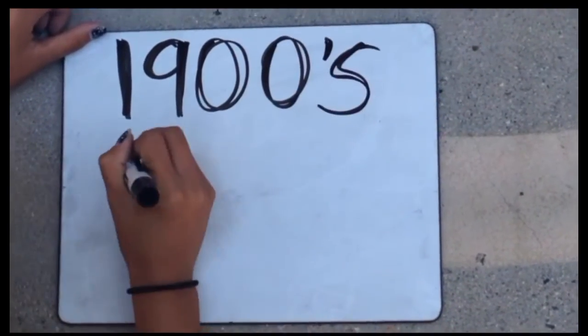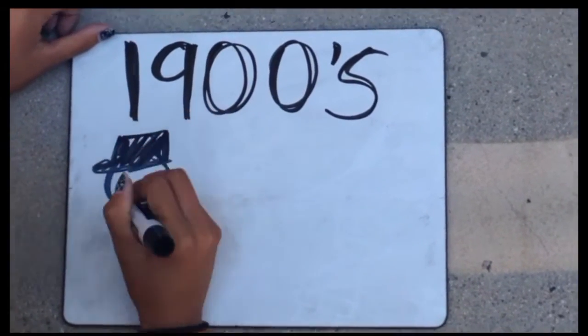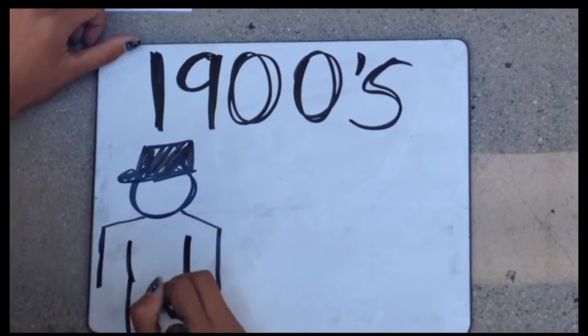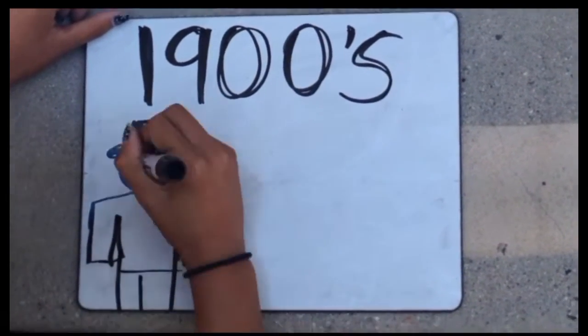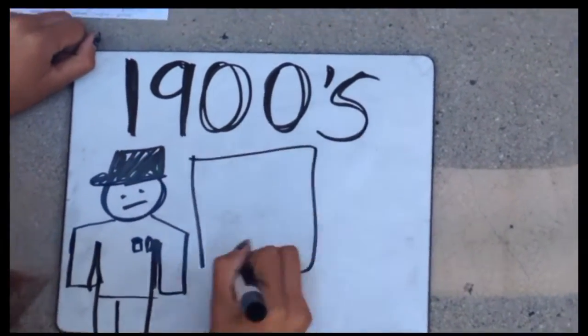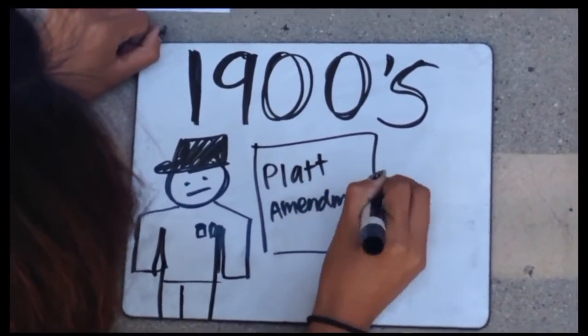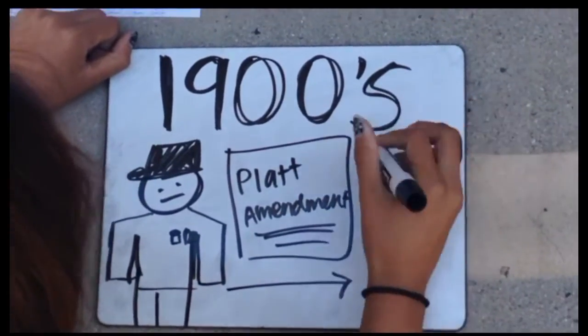Okay, then. On the other hand, in 1900, during the Cuban Constitutional Convention, General Leonard Wood, as seen there with that general-looking hat and those medals, presented the terms of the Platt Amendment to the Cuban delegates.